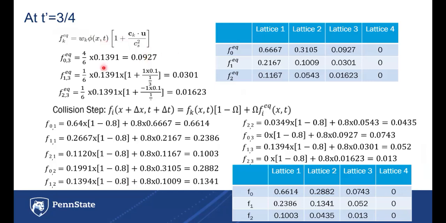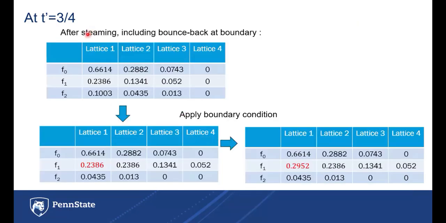It's quite similar. We should calculate the equivalent function for each lattice, and then we perform the collision step, and I list the results in this table, and you can see the specific calculation here, and then we should perform the streaming step.